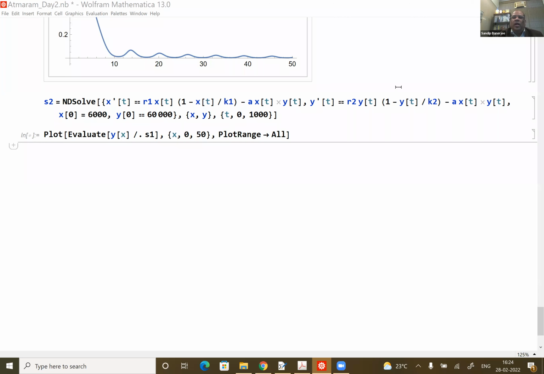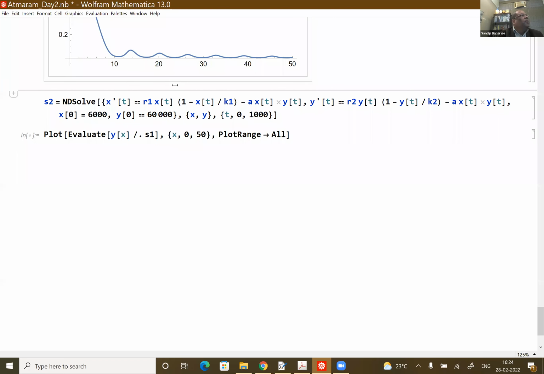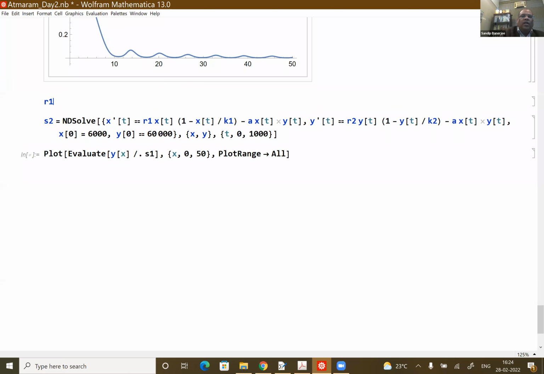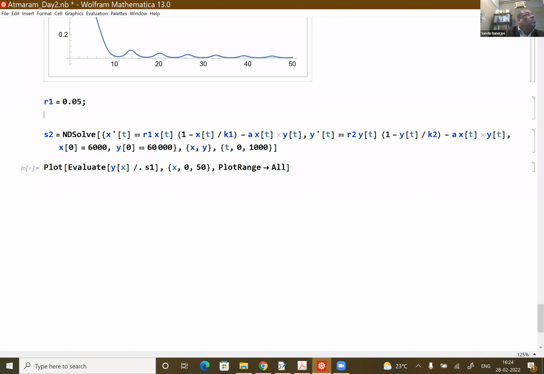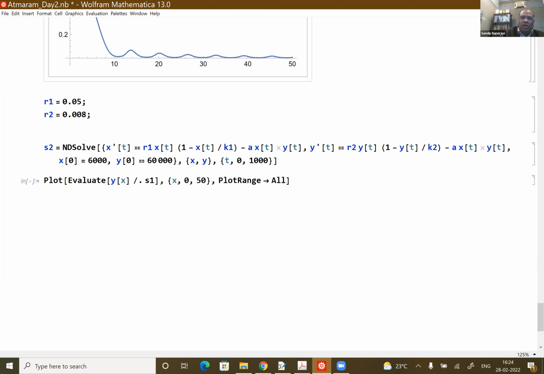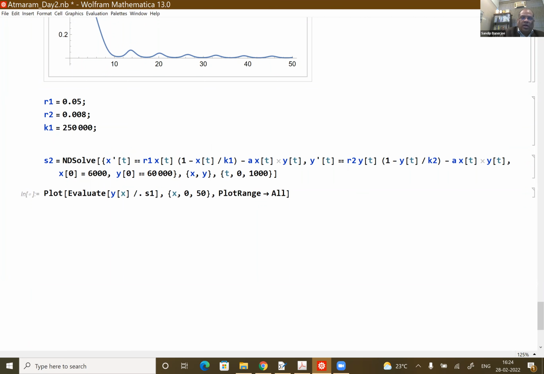Just wait a little. Let me just check. Okay, so I will put R1 certain values, 0.05, and then K1. Say R2, 0.8. Then K1 to 250, and then K2 equal to this.